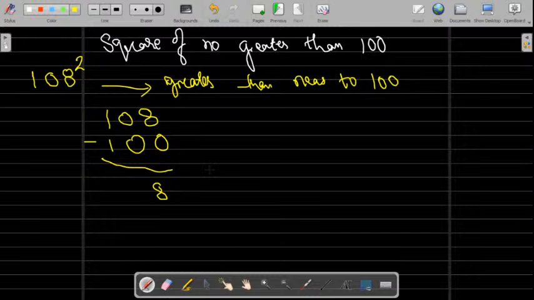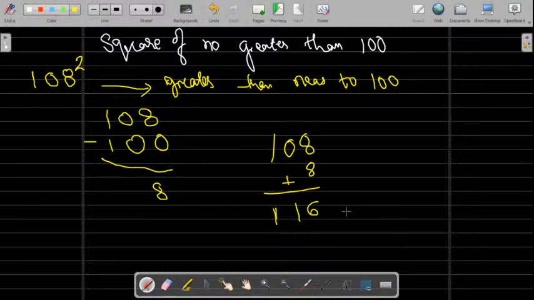Now what to do? Add this difference. This difference is there, no? So 108, and the difference is 8, right? So 116 you will get, right? 116.